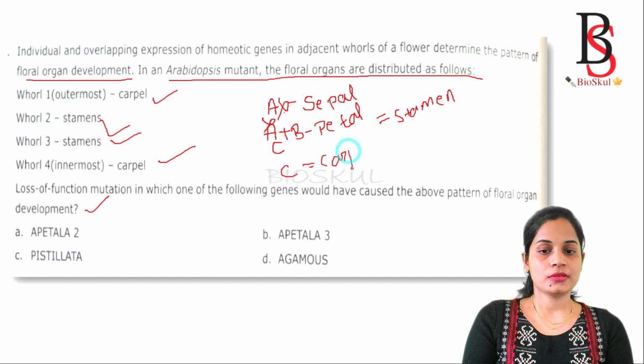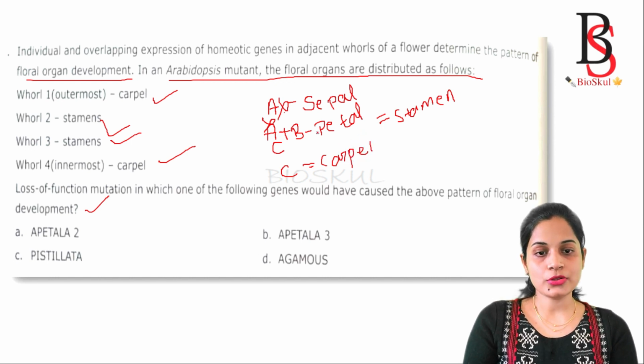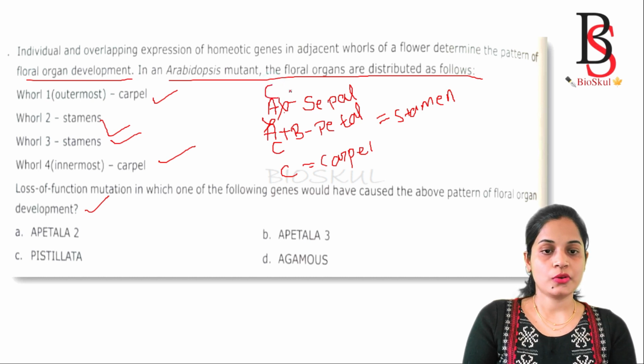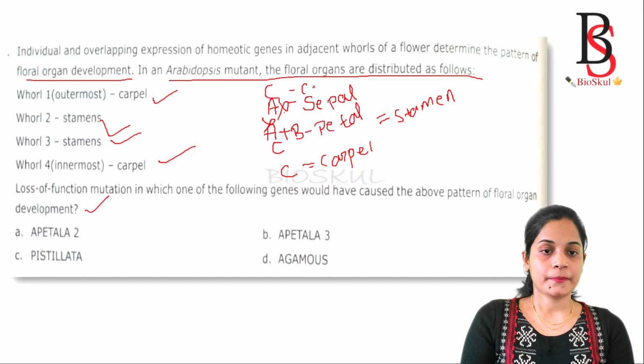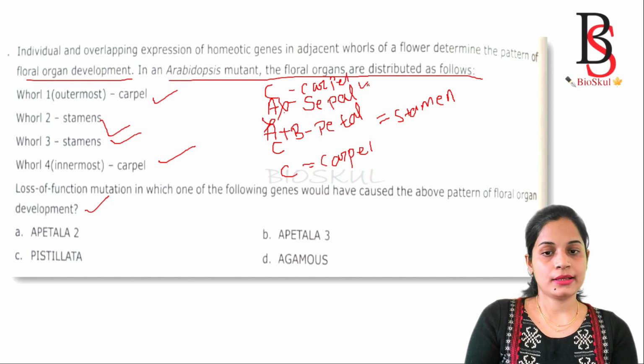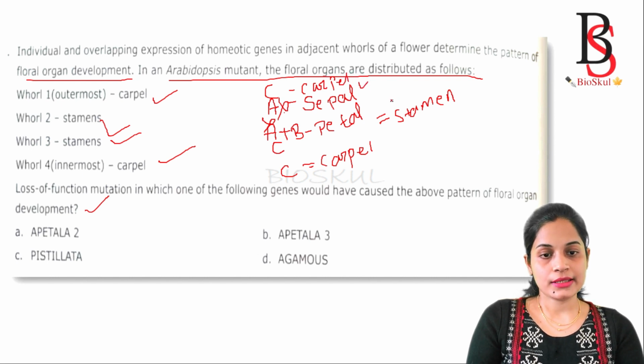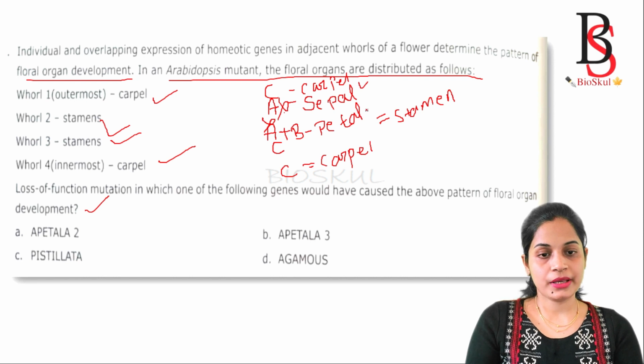In the first whorl the A is absent, so there is expression of the C, so it will also form the carpel. So what do we get? We get only carpel.